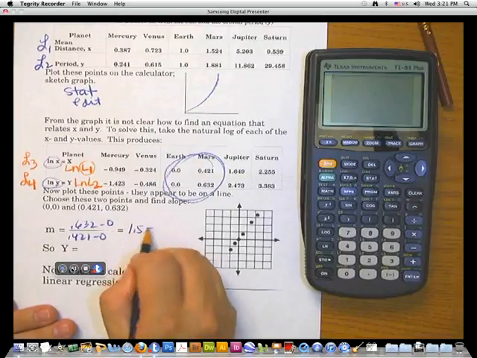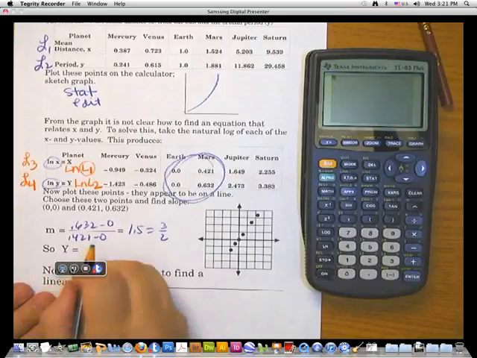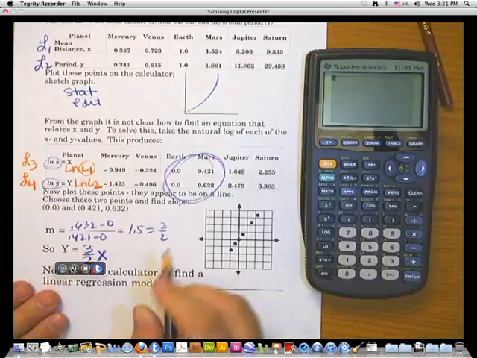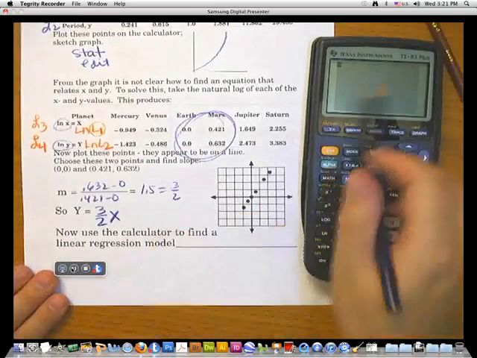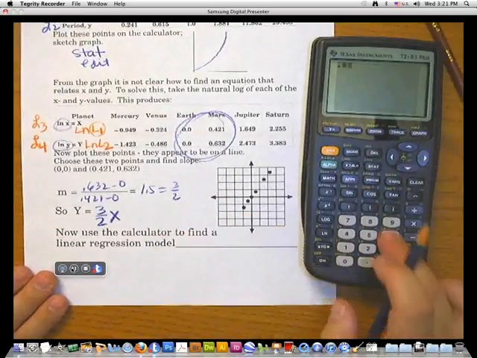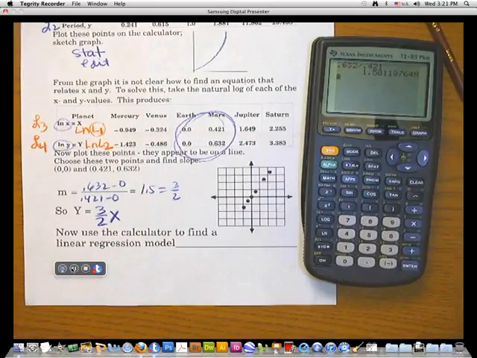And you should get approximately 1.5 or 3/2. So we're going to come up with y equals 3/2 x, because that's our slope. And again, you can punch that in your calculator, 0.632 divided by 0.421, and you see that it comes out to be 1.5, which is 3/2.